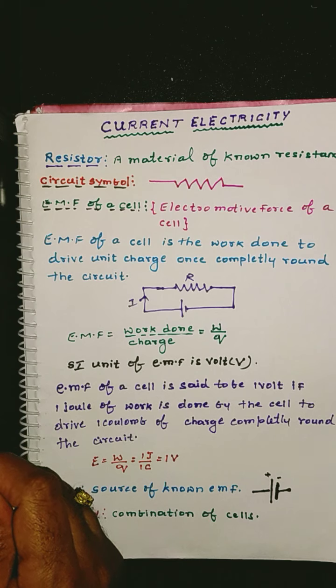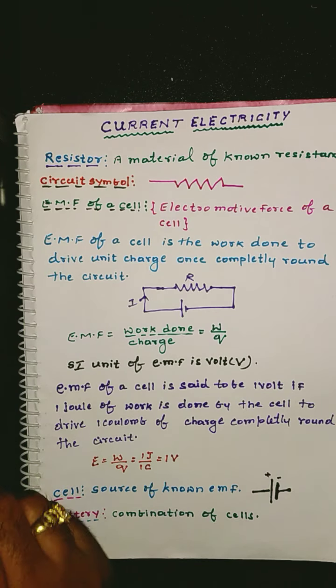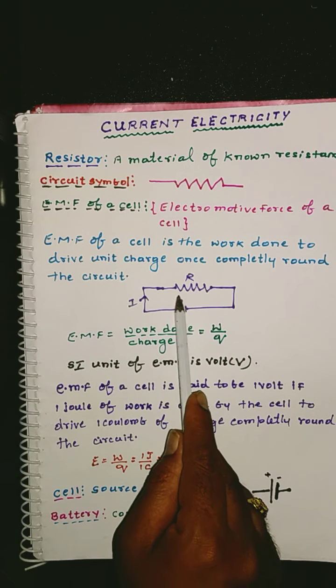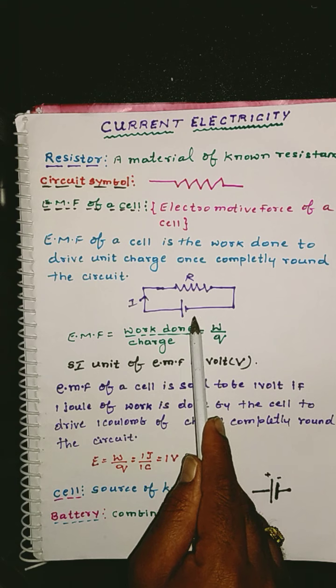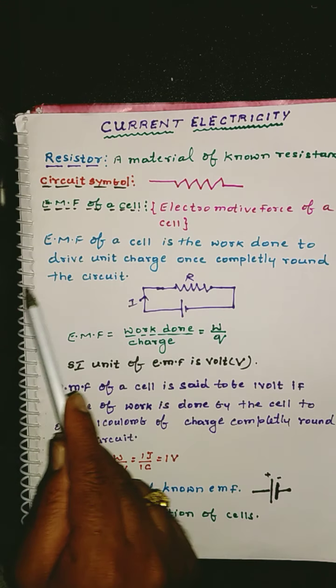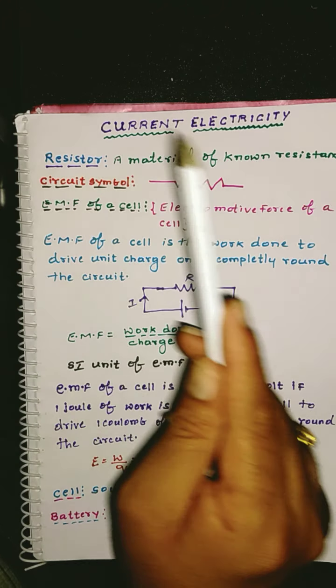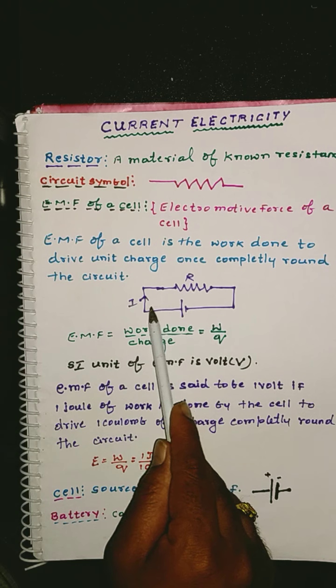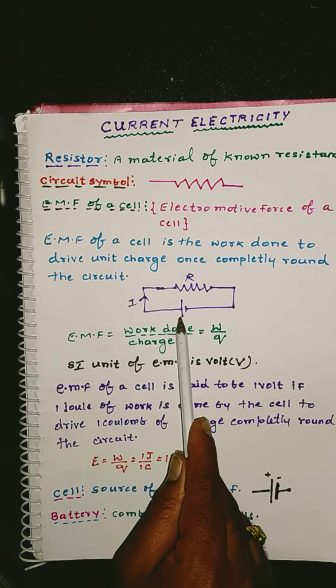Here also, when you include a cell in a circuit and switch it on, a potential difference will be created between two points in the circuit. So, the charges will be motivated to move from a region of higher potential to a region of lower potential. So, that is the intention of connecting a cell.